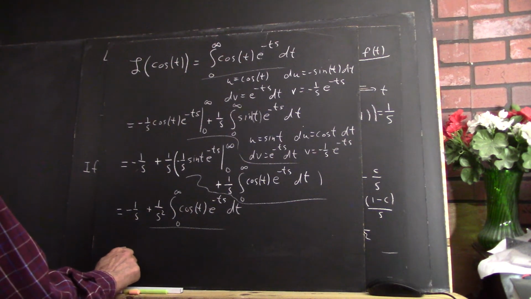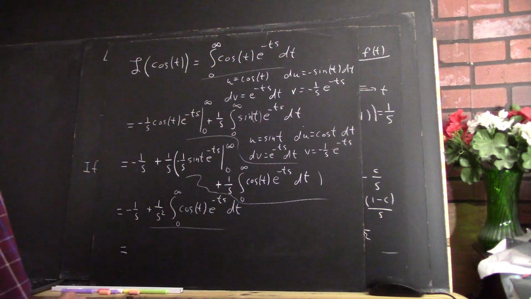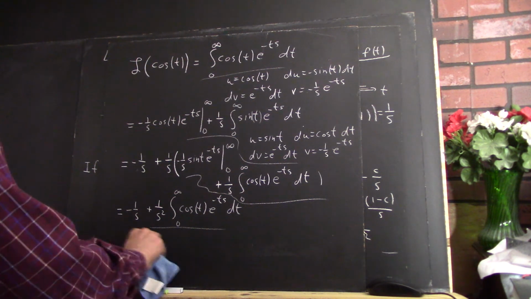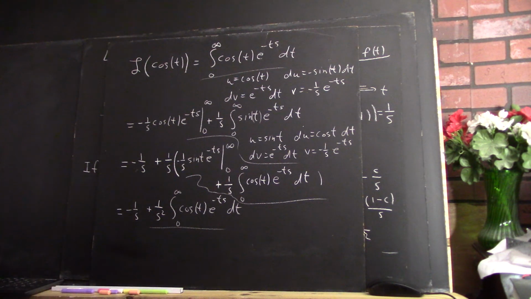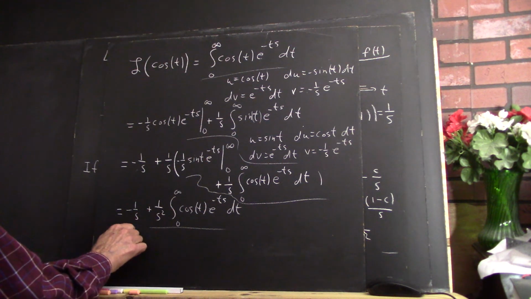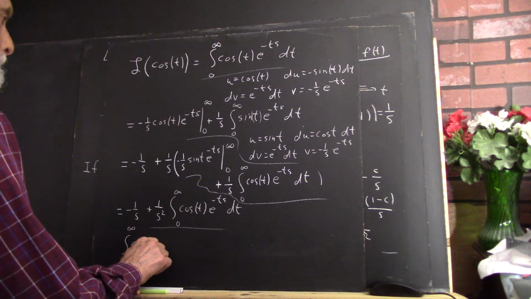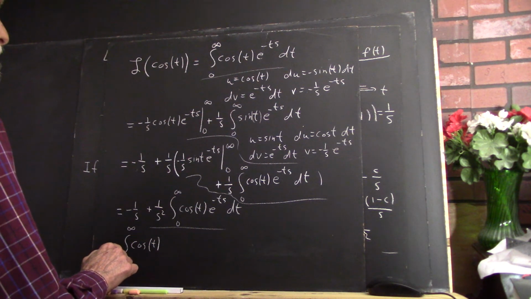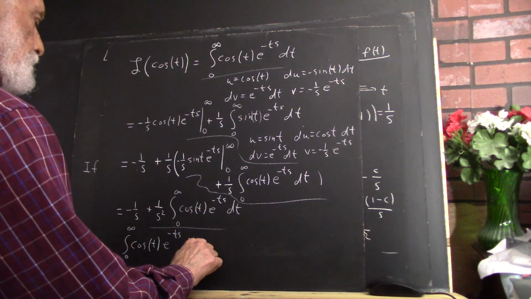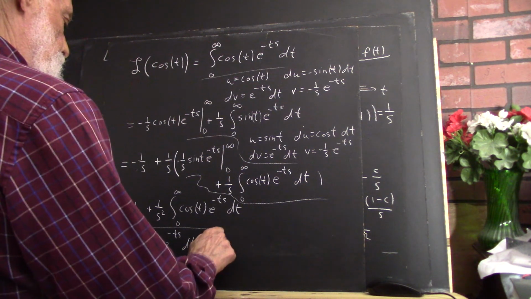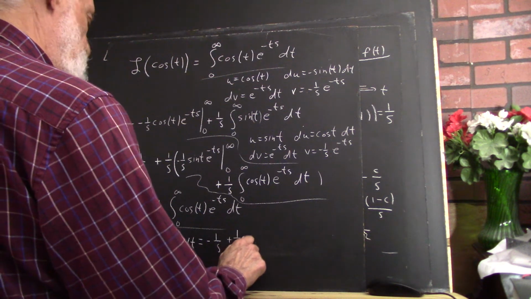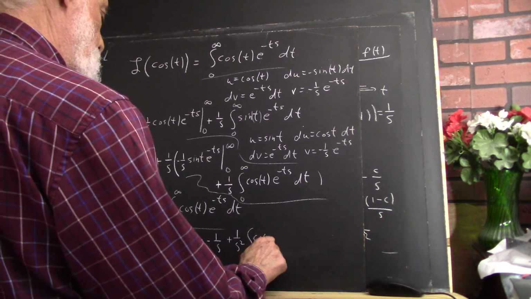So now that's going to equal, well, getting ahead of myself, tells us that the integral we're after equals negative 1 over s plus 1 over s squared times this integral.